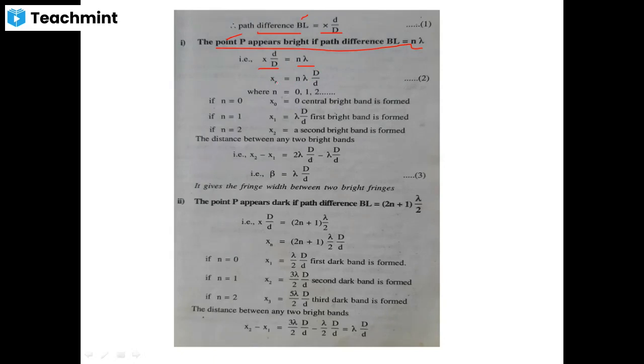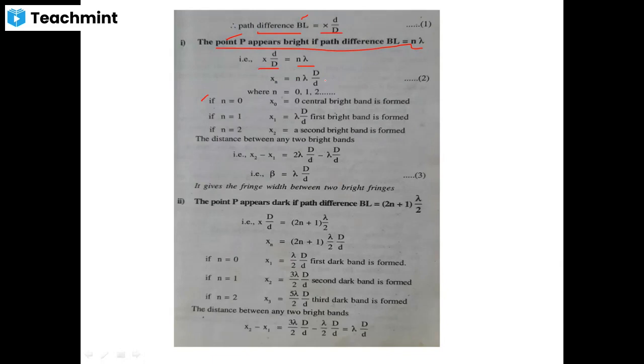So what is the value of n? n can take the values 0, 1, 2, 3, and so on. Suppose you take n equals 0 and substitute 0 here: X of 0 equals 0, since everything becomes 0.